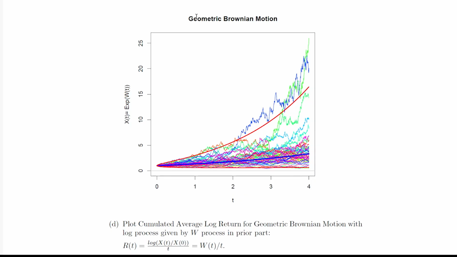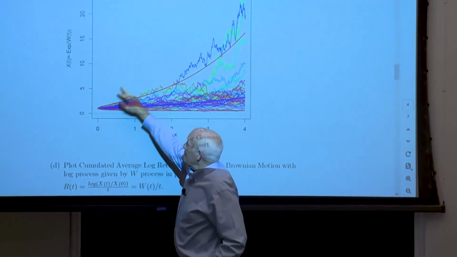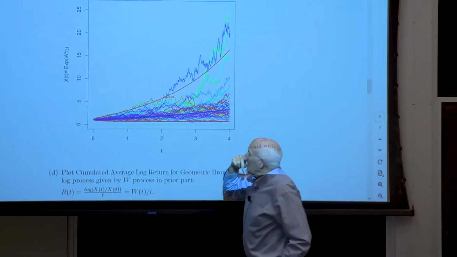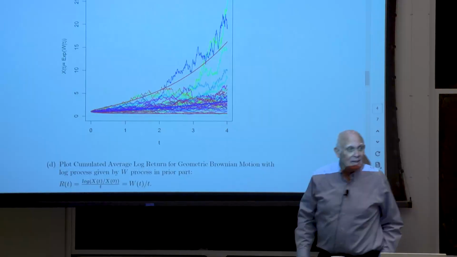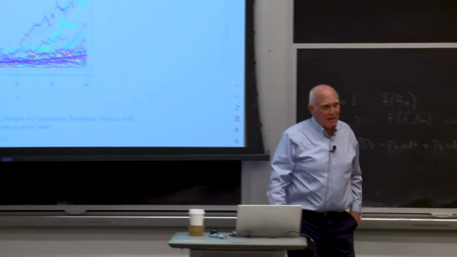What's rather striking here is that there are paths out of 50 that really have extraordinary performance, basically growing in value by a factor of 10, or an order of 10 to an order of 20 on the exponential scale.